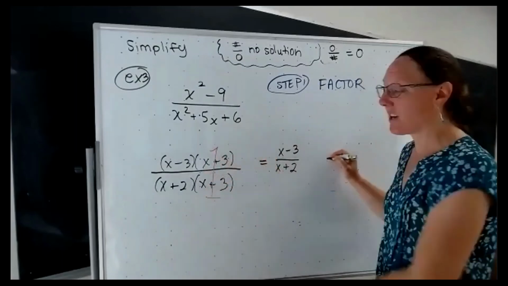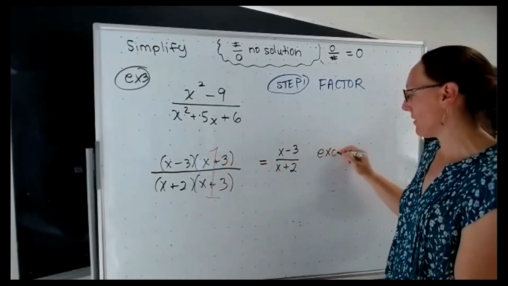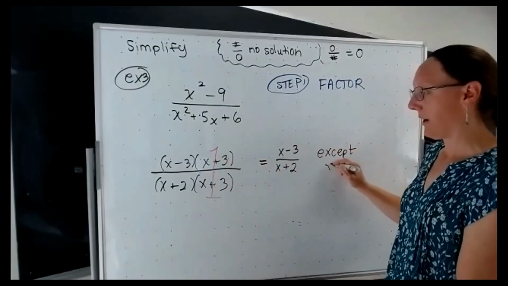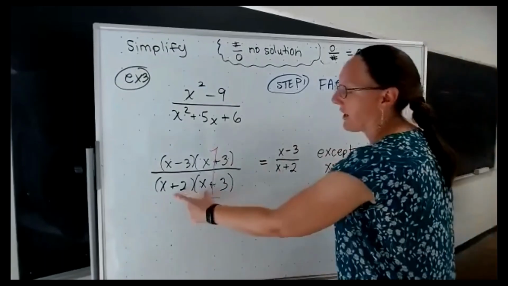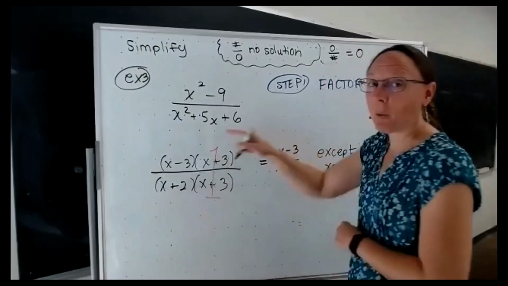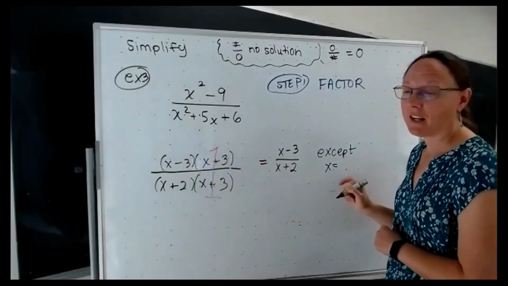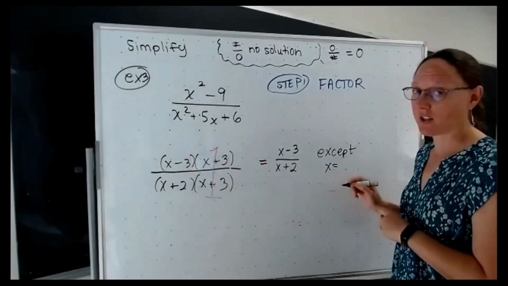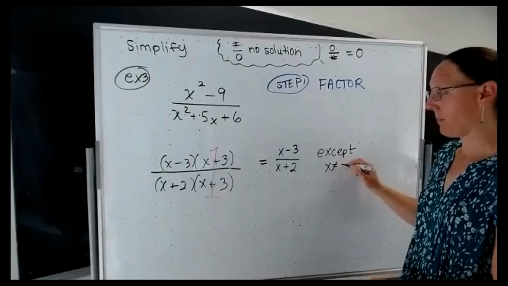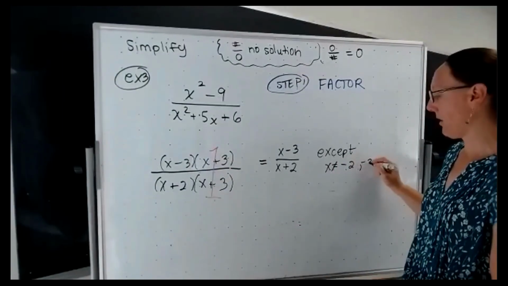So this is equal to this, except when x equals, and looking at the restrictions in my variable, I want to go back to my original factored form here. So I'm going to have 2 restrictions on this. X cannot be negative 2 or negative 3.